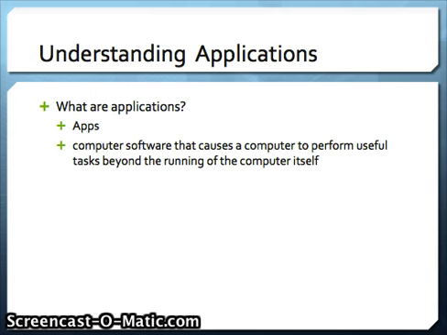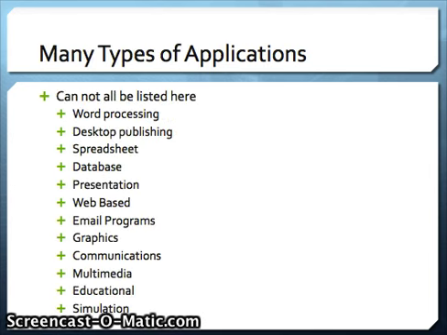Understanding applications. So what are applications? Applications are often referred to as apps or computer apps. Applications are computer software that causes a computer to perform useful tasks beyond the running of the computer itself. So these are the different tools that you use to individualize your computer. There's so many types of applications.